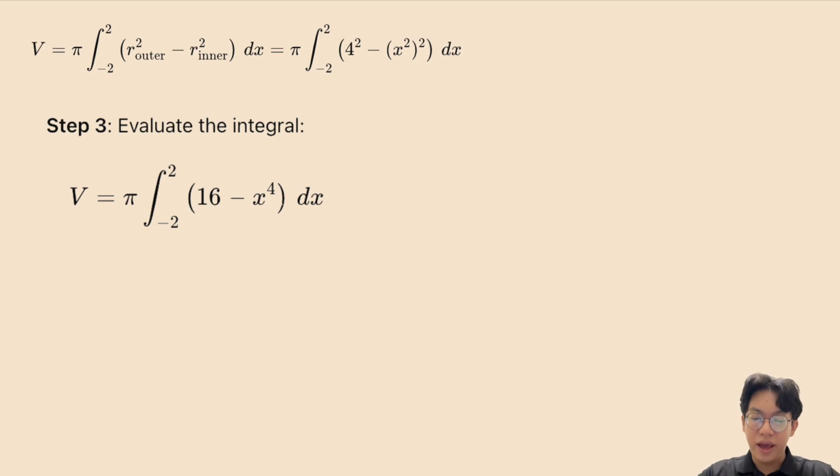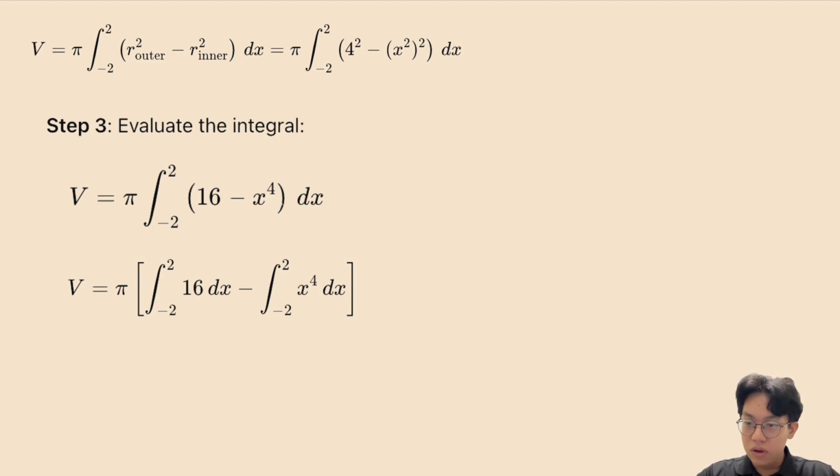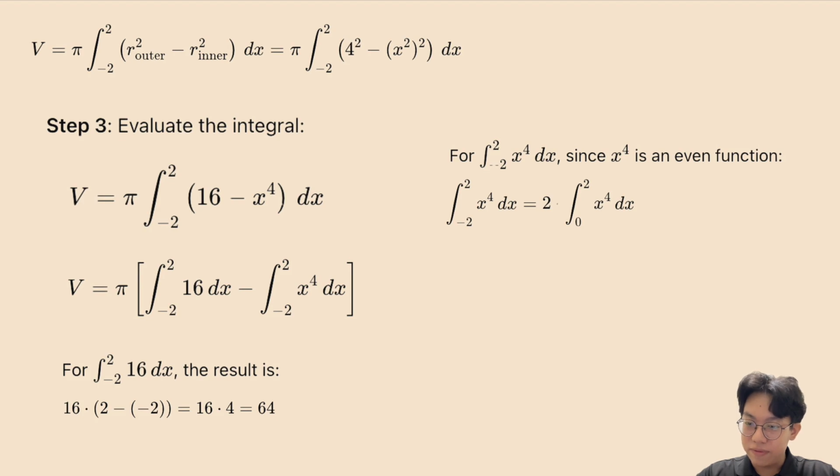Notice that we can change x squared squared to x to the power 4. Next, we write separate integrals for each term. For the definite integral of 16 from minus 2 to 2, the result is 16 times 2 minus negative 2, equals 16 times 4, which gives 64.